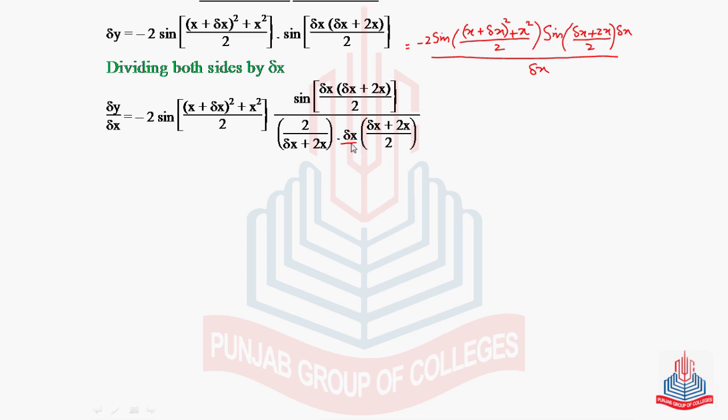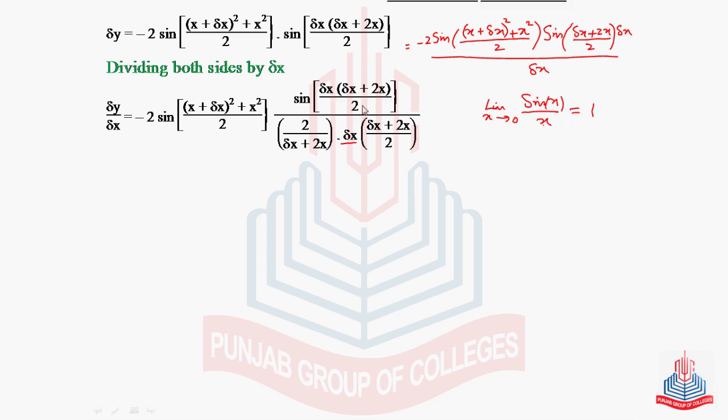And to complete the formula of limit x approaches 0, sine x divided by x is equal to 1, we have to make in the denominator the same thing which is appearing as the angle of sine. So the angle of sine is delta x plus 2x divided by 2, but we have only delta x.